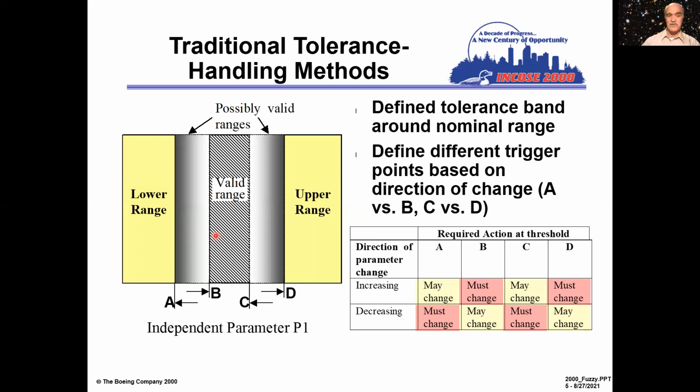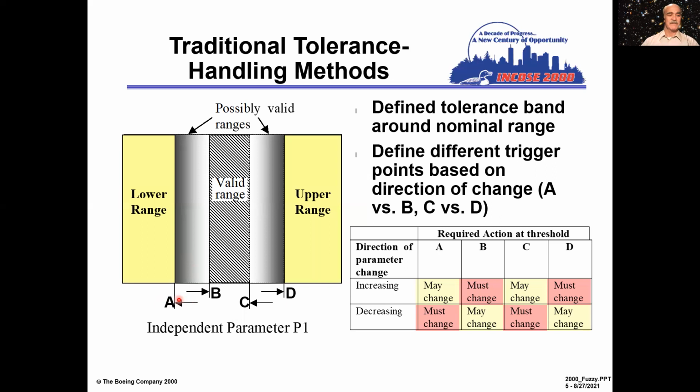So we might write requirements that explicitly include not only where we are, as in each of these thresholds, A, B, C, and D, and also what direction something is changing. So if we're at A and we are decreasing the value of that input parameter, that independent parameter P1, then we have to change state. And we can write the requirement that way.